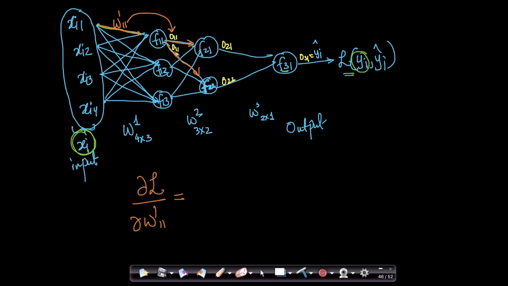Your O11 impacts O22 through this chain, and through this chain it impacts O21. And O21 impacts O31, but O22 also impacts O31, and O31 impacts L. So till now, we have seen only one path. Here you have 2 paths, if you think about it. Let me just erase this.